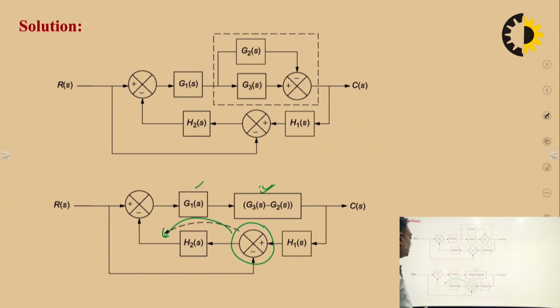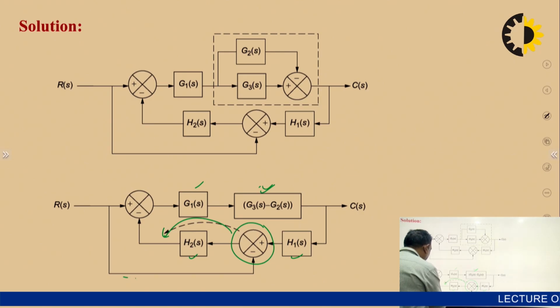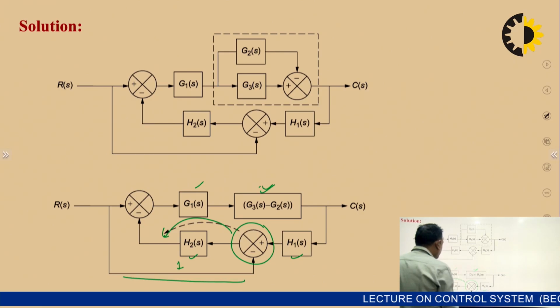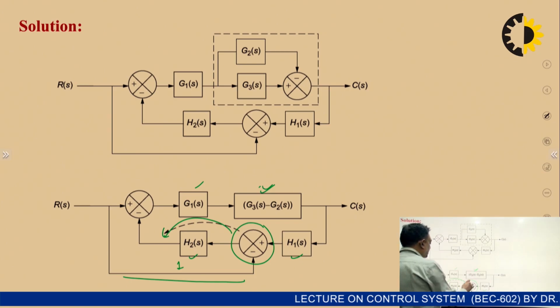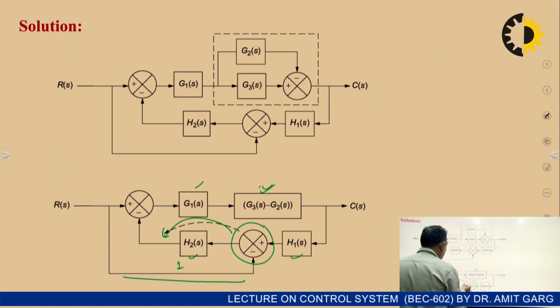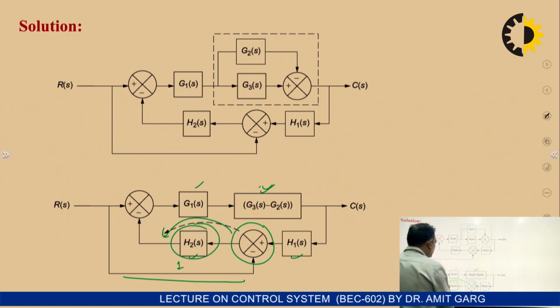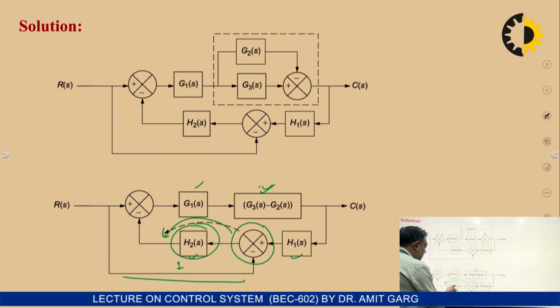So what happened, once we do this, this block and this block will be in cascade, and this is your feedback, its value is 1. Whenever we do this, the associated feedback element will be multiplied with the transfer function of the block by which we are moving it.